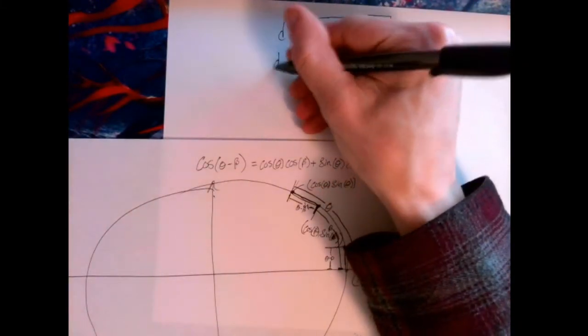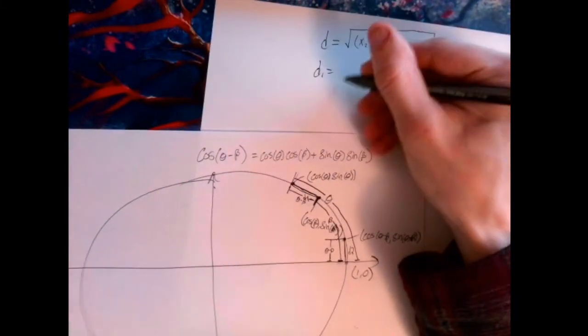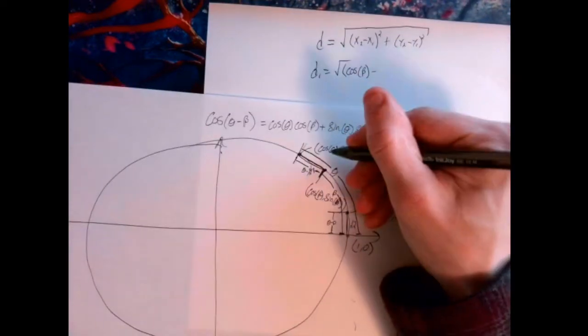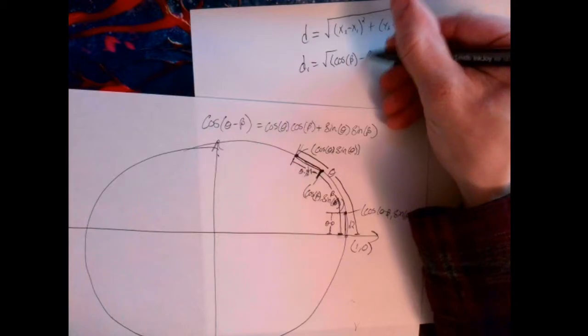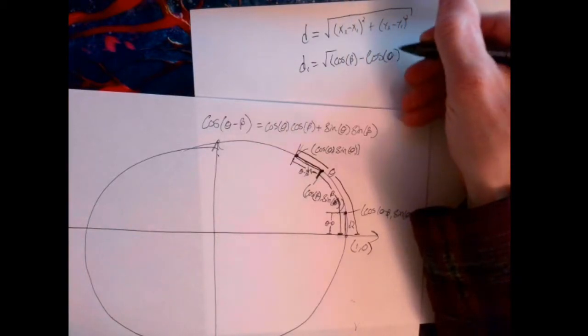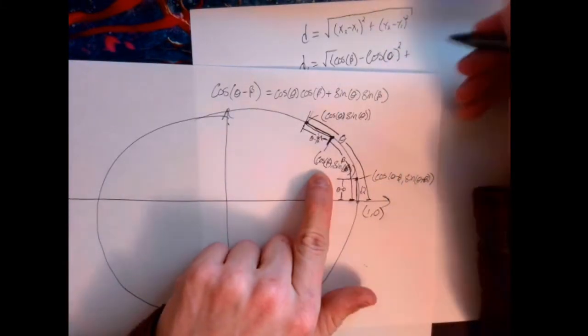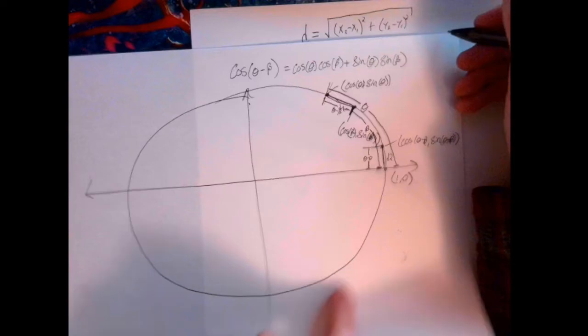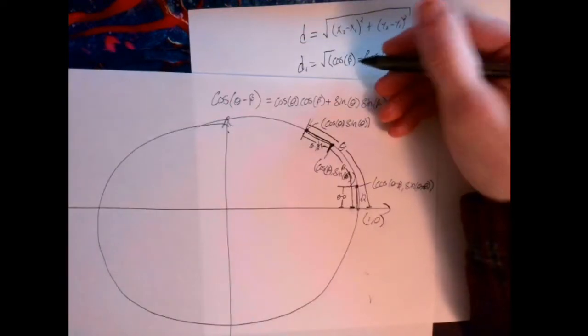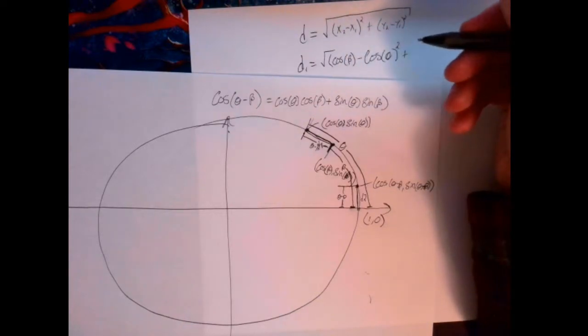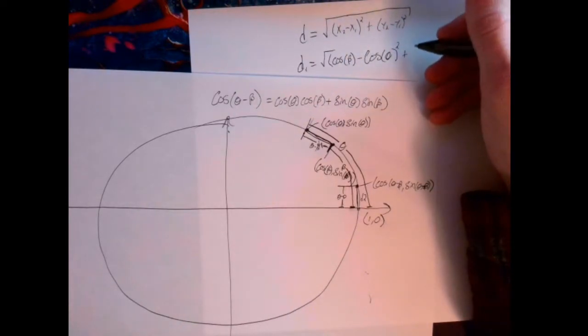So we'll say d1 is equal to the square root of, we'll say the cosine of beta is x2, so cosine of beta minus cosine of theta, which will be our x1, squared, plus, because we chose cosine of beta as x2, we'll say the sine of beta minus sine of theta squared.